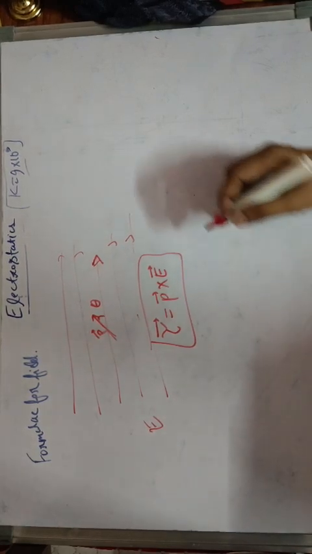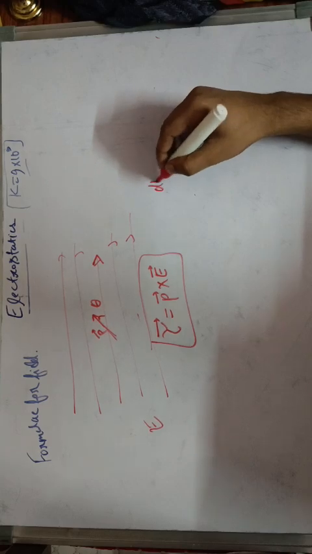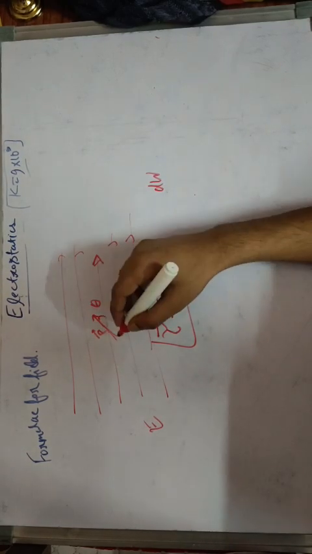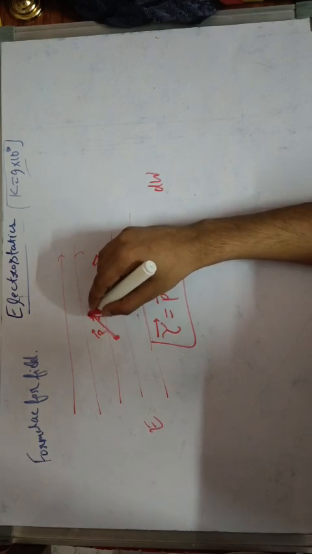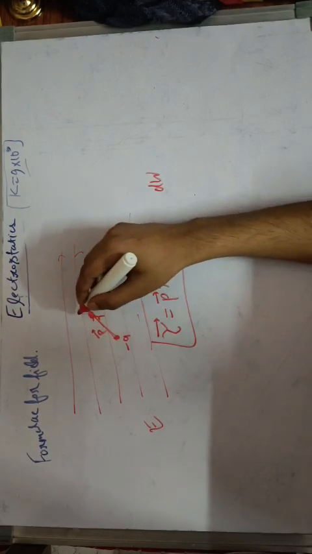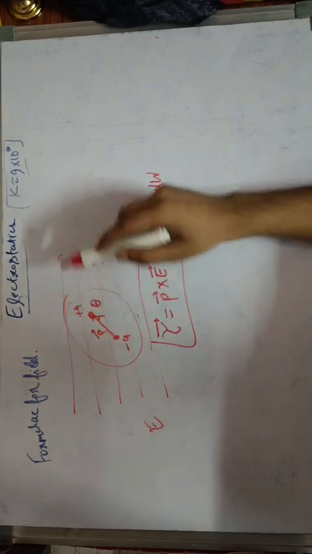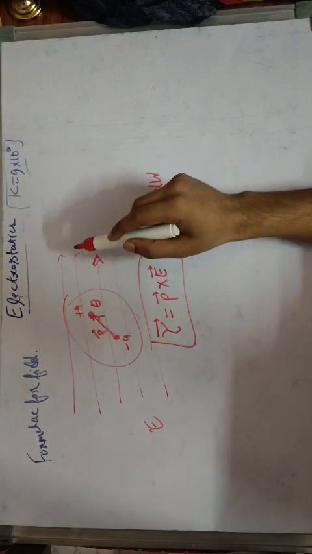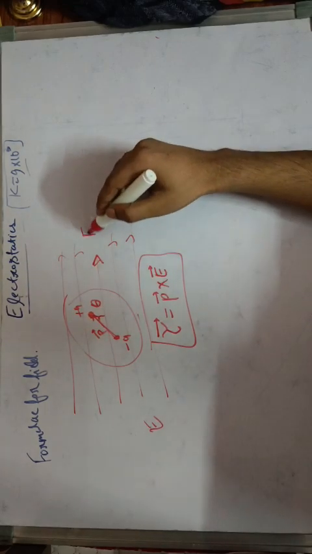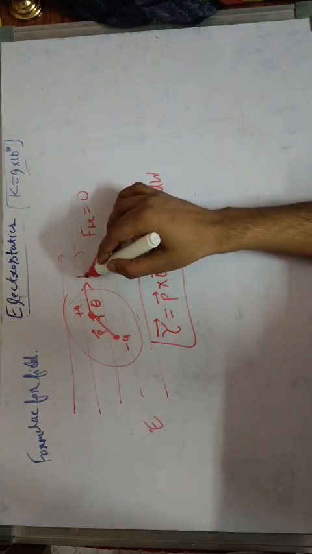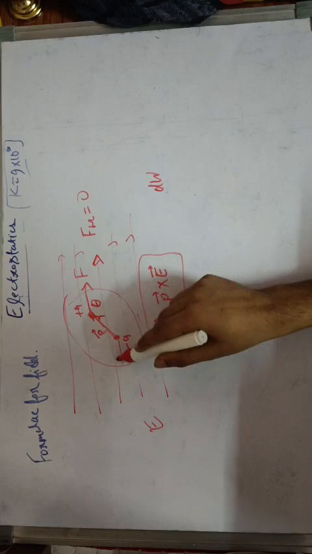And the small work done. For this dipole, if we see there is a negative q charge here and there is a positive q charge here, this whole system has F net equal to 0 because electric field is applying F force in this direction and F force in this direction.